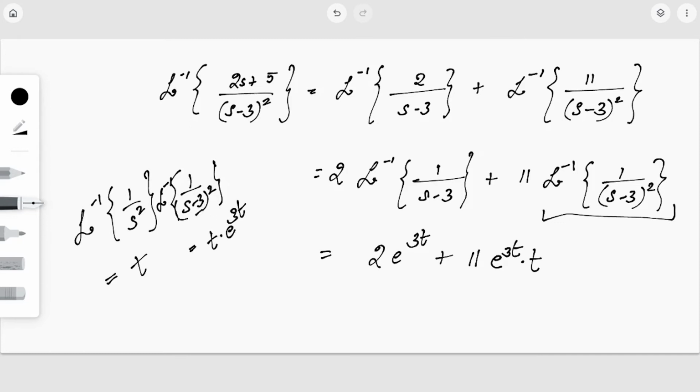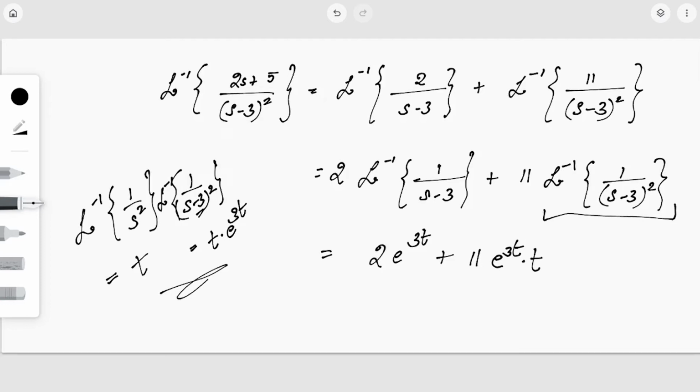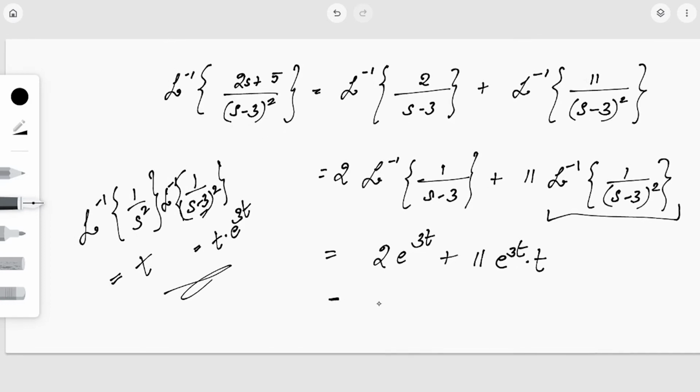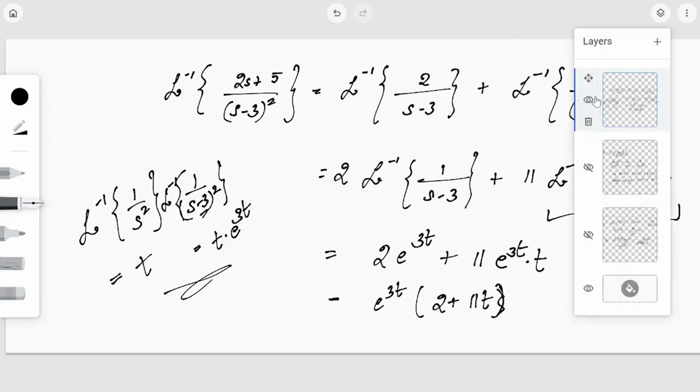Here a is 3. Okay, so keep this in your mind thoroughly. So this will be the inverse. You can simplify it, take e raised to 3t common, and this is 2 plus 11t. Okay, so this is the inverse Laplace transform of the given function.